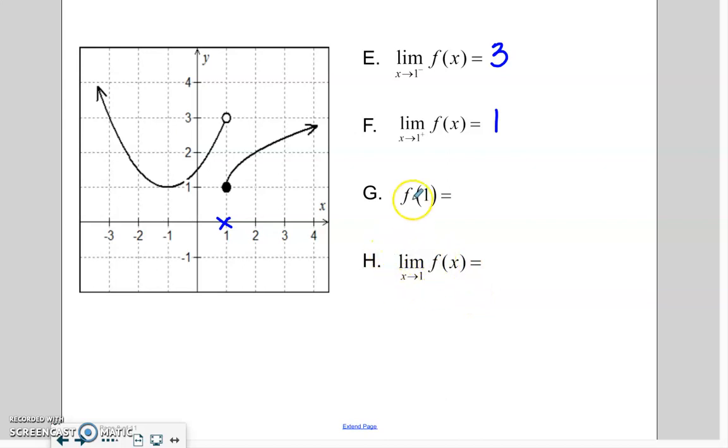So that means, I'm going to skip G for a second. That means when I go down to do the limit without a directional component, it means come from both directions. Well, if I come from the right side, I end up at 1. If I come from the left side, I end up at 3. Since these 2 points are not meeting up in the same location, we're going to say that the limit does not exist.